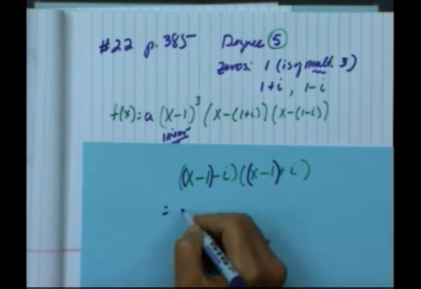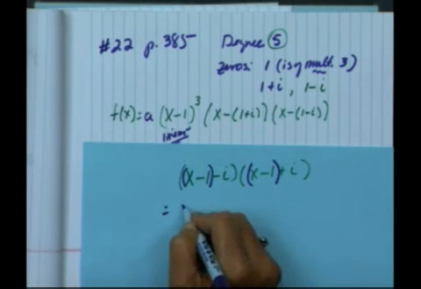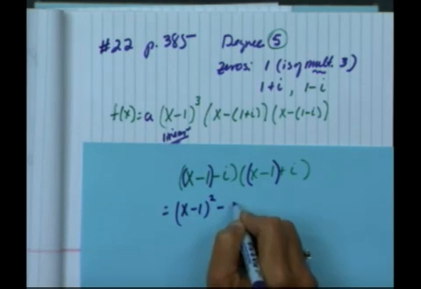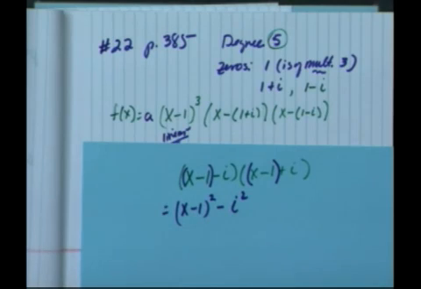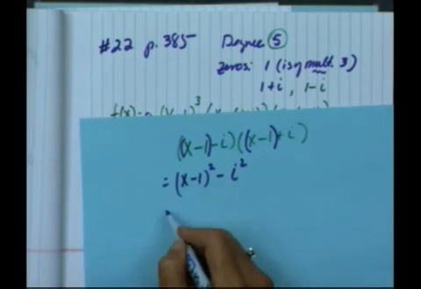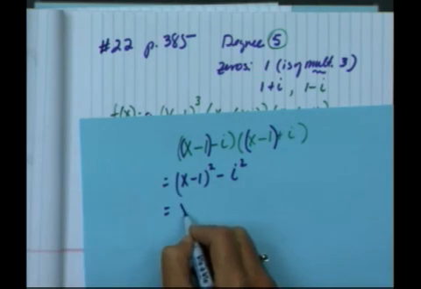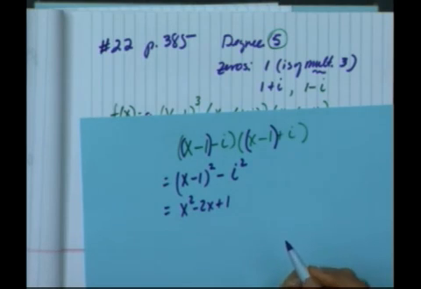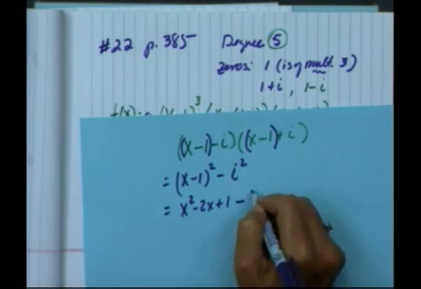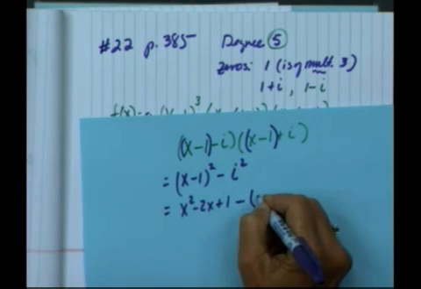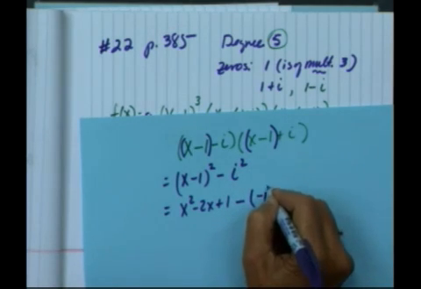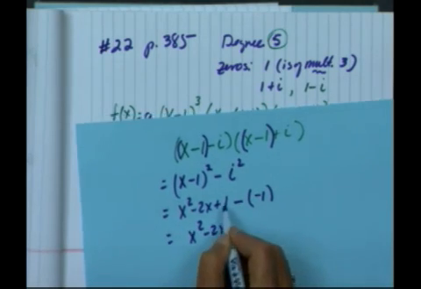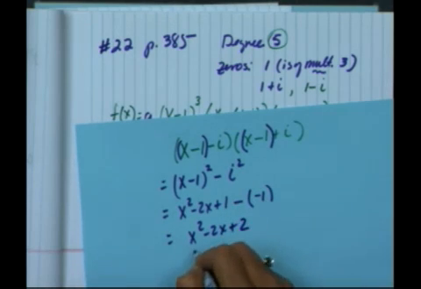Factor it as a difference of two squares, so you have x minus 1 squared minus i squared. x minus 1 squared is x squared minus 2x plus 1, minus, and remember i squared is, say it so you don't ever forget, negative 1. So we have x squared minus 2x, and 1 plus 1 is 2.